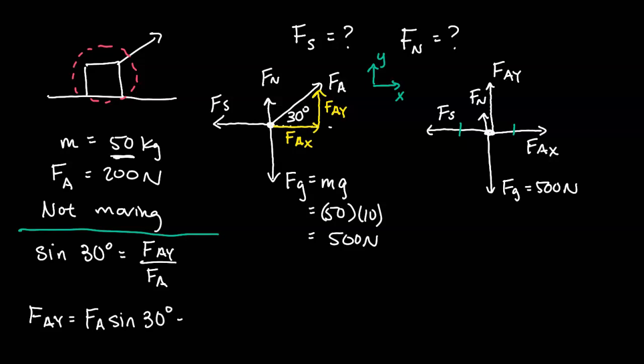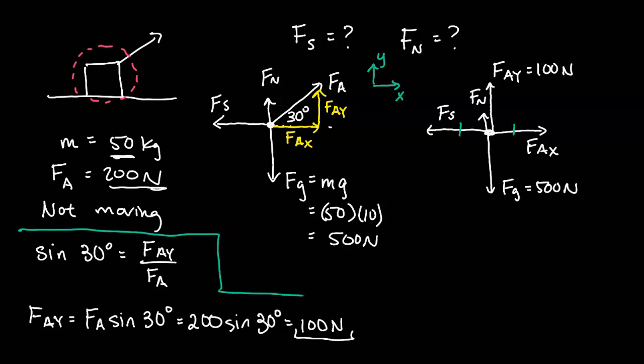Fa is 200, so 200 sine 30 degrees gives me 100 newtons. Make sure you are in degree mode on your calculator. So Fay is 100 newtons. You could probably see just from here that Fn is going to be 400, because 100 plus Fn has to equal 500.